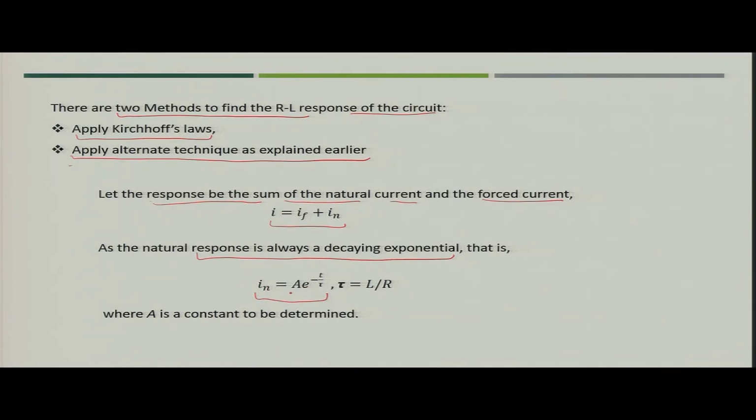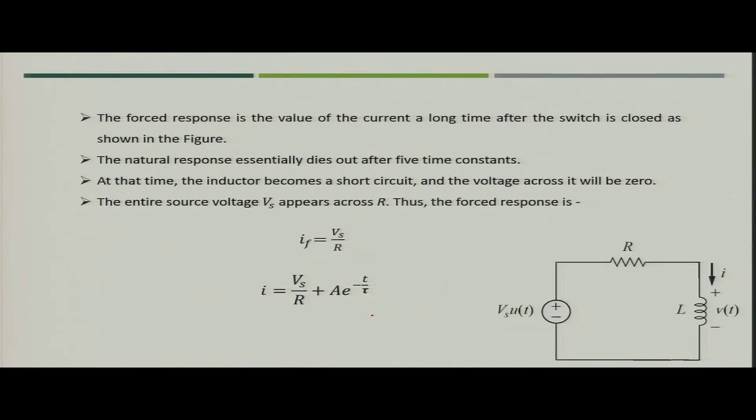So the natural response we represent like this, where A is a constant which we have to determine, and tau is the time constant, which we know is L by R. Now, what would be the forced response? The forced response is the value of the current after a long time when the switch is closed. The natural response essentially dies out after 5 time constants.